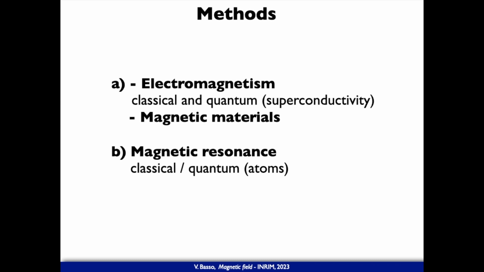And then part B, the magnetic resonance, where we can use classical resonance or quantum resonance using atomic levels. Let's start with this recording with these three: electromagnetism, magnetic materials, and the classical magnetic resonance.